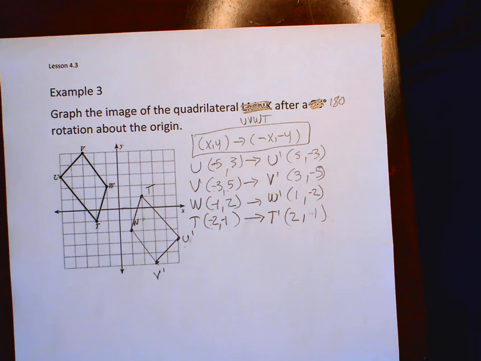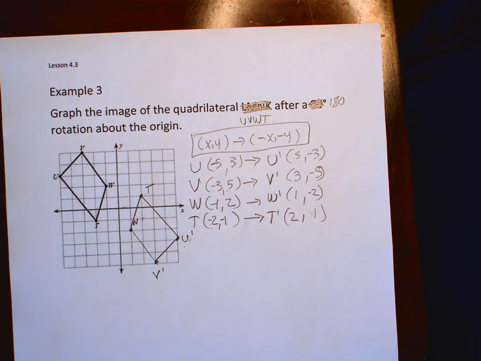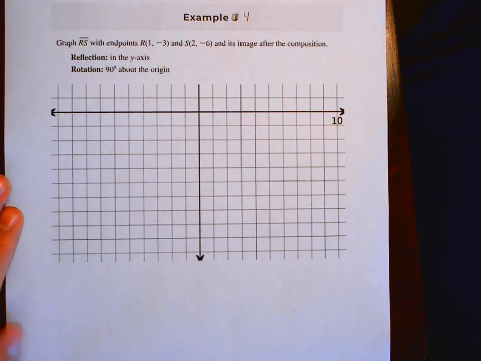So let's look at the last example. Okay, for the last example, we have quite a bit of things going on here. We first have to do a reflection about the y-axis, then followed by a rotation. Okay, so let's go ahead and do the math first.